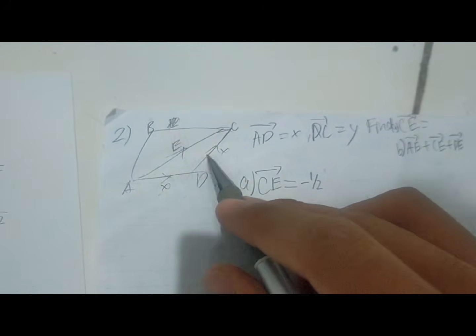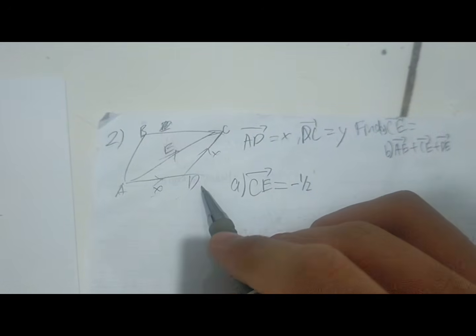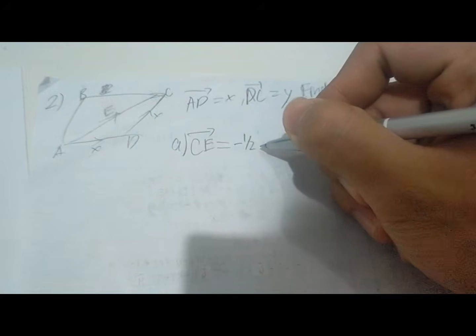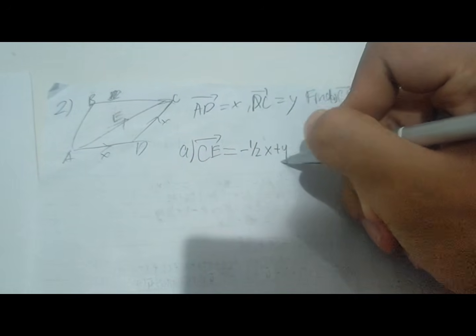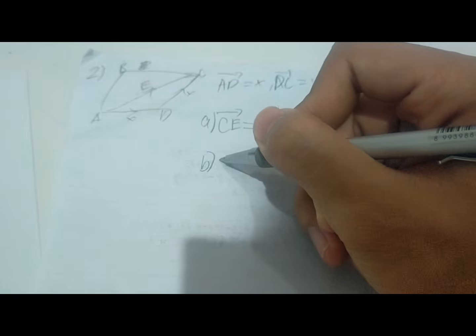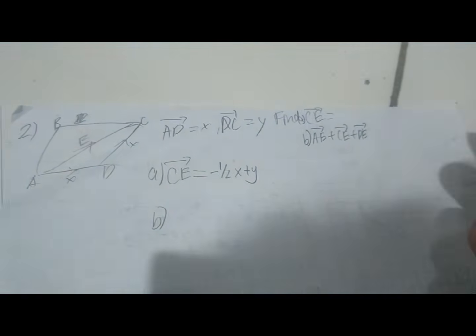But look at this: from A you need to go to D and C, so you need to pass X plus Y, which means X plus Y. Okay, so for B, it says AE plus CE plus DE.